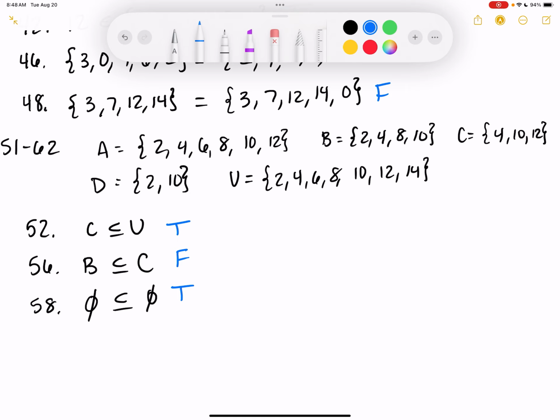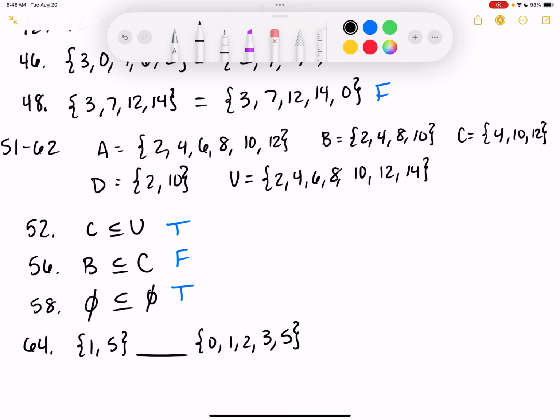Let's see. So now, essentially, we're doing what we did with the element of, determining if something was an element of something. We're doing that, but now we're filling in if it's a subset or not. So 64, we have the set 1, 5, and then a blank, and then the set 0, 1, 2, 3, 5.